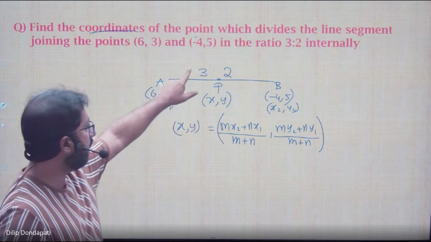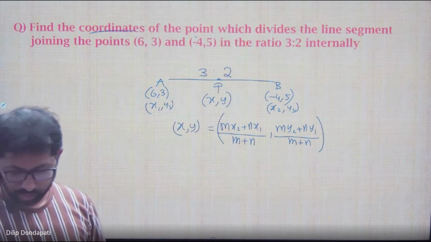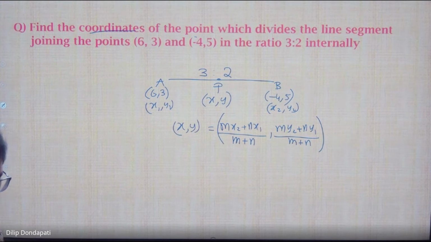Substitute करो. M is 3, N is 2. Substitute in the equation. Zero and 21 by 5. Yes, 0 and 21 by 5.